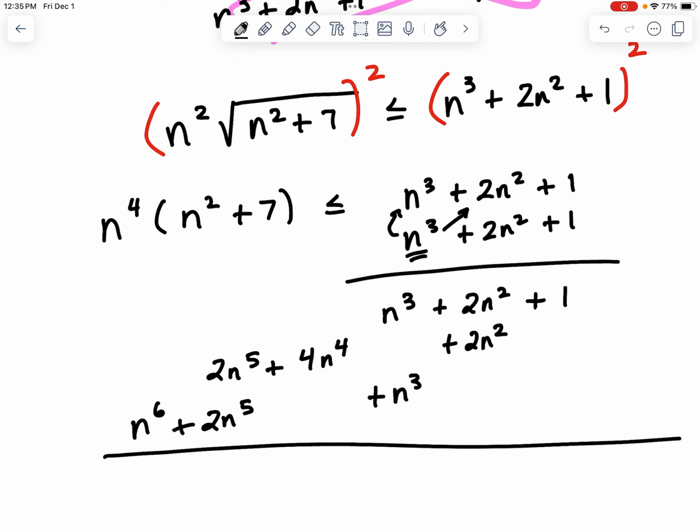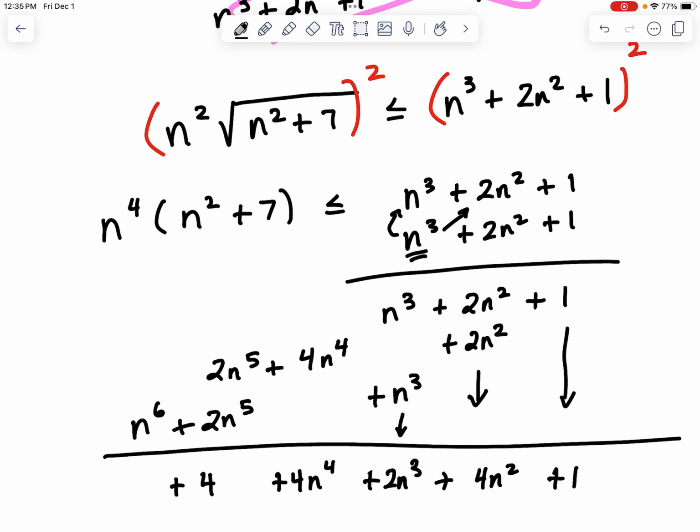So when you combine, combine the 1's, so there's just a plus 1. Combine the n squares, there's 4n squared. Combine the n cubes, that's going to be 2n cubed. And then plus 4n to the 4th, and 4n to the 5th, and an n to the 6th.